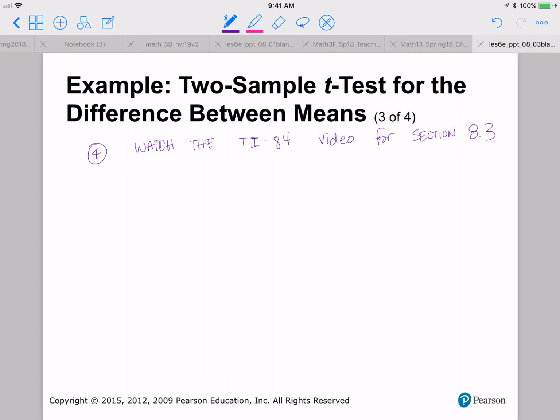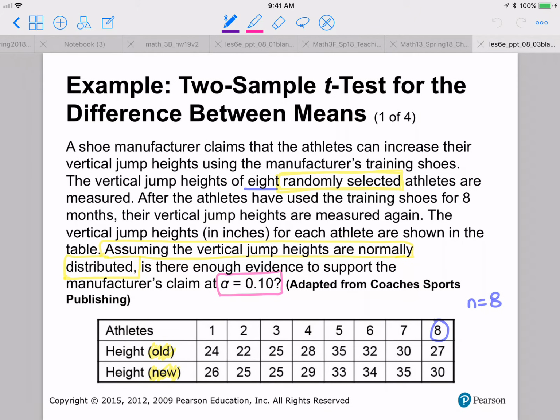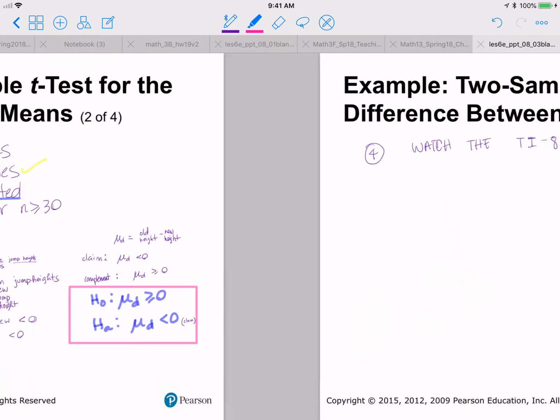So I'm going to enter in these numbers here, which go in my L1, and these numbers here, which go in my L2. And then I'm going to create L3.